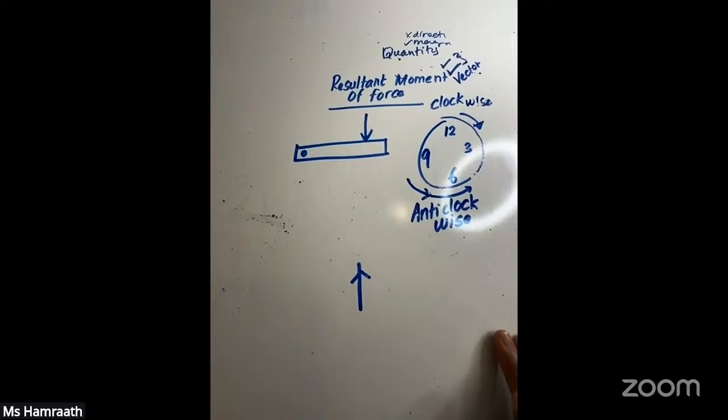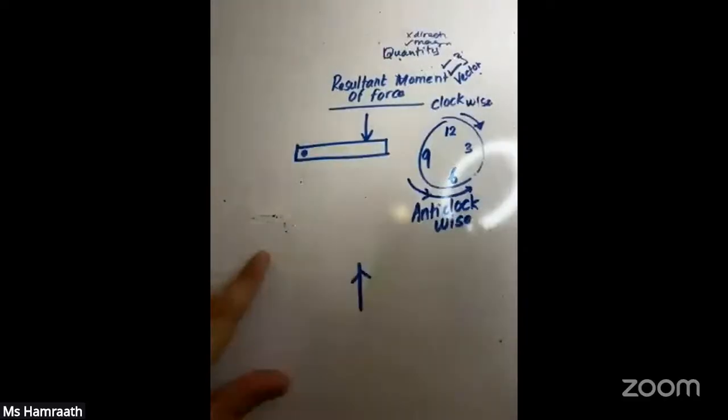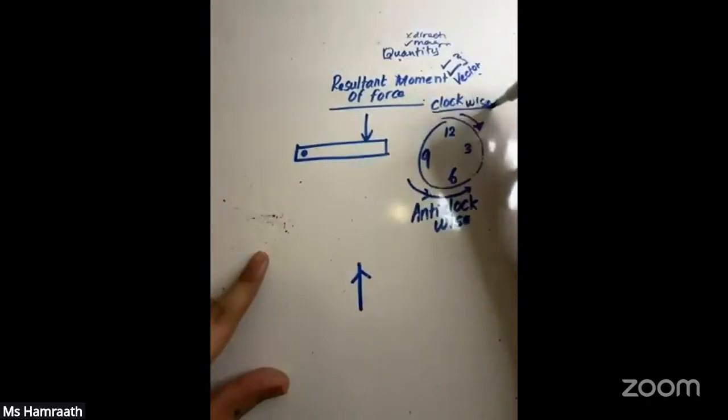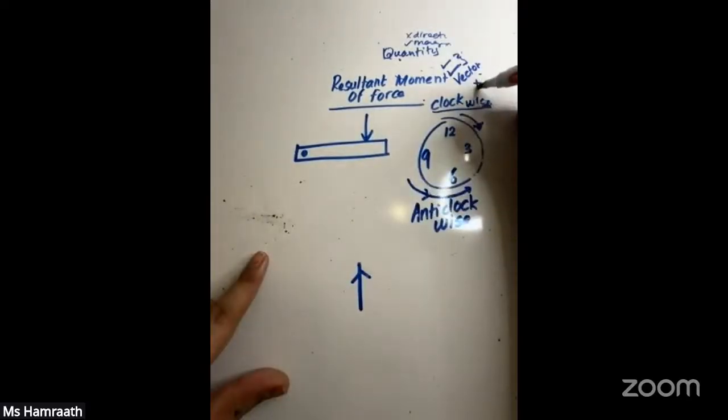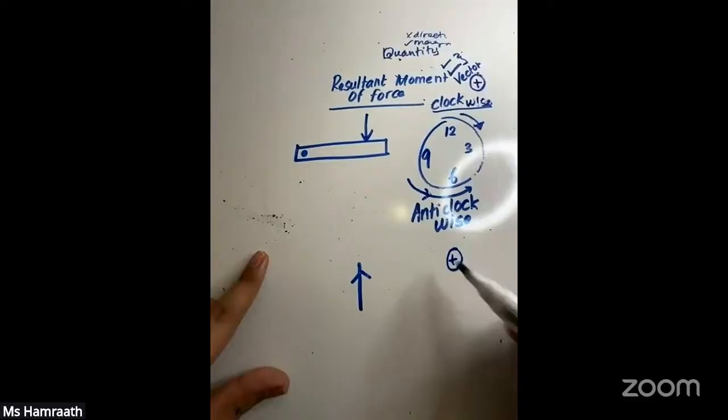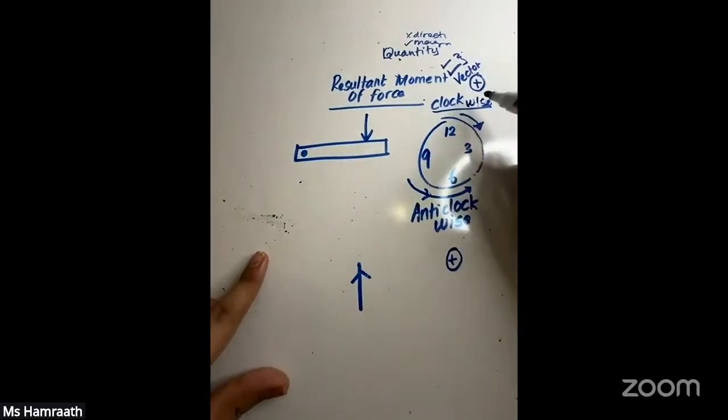So that means the moment of force is the resultant moment. If you have two forces in the same direction, say clockwise and clockwise, you will add. If you have anti-clockwise and anti-clockwise, you will add. But if you have the resultant moment of forces at clockwise and anti-clockwise, you have to subtract.